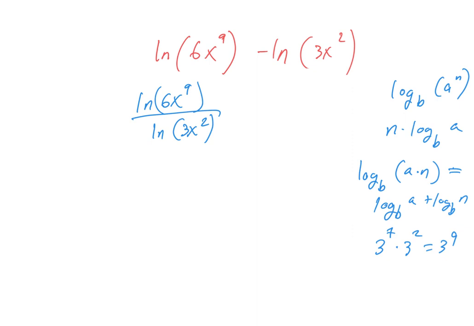And then in the numerator, I have multiplication, so I can rewrite that as natural log of 6 times natural log of x to the 9th. In the denominator, I can rewrite that as natural log of 3 times natural log of x squared.